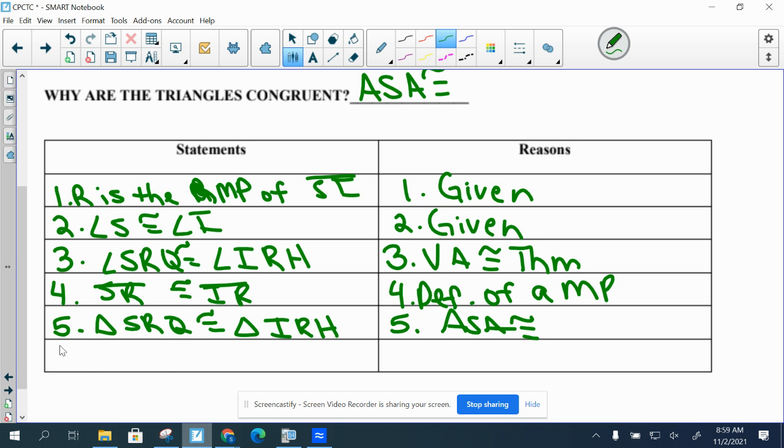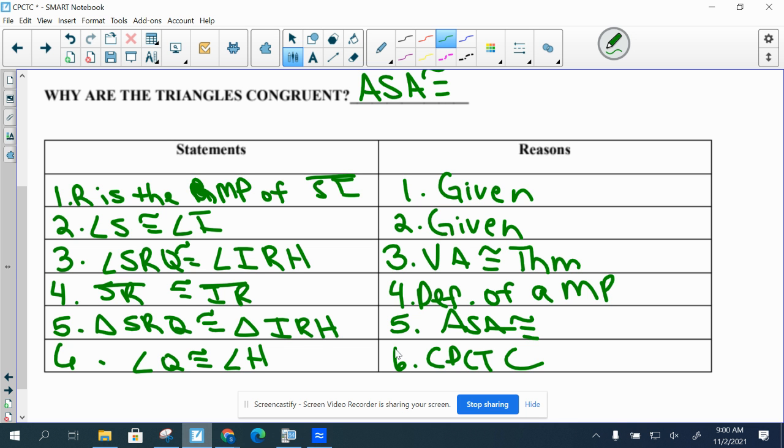Since the triangles are congruent, we can say the corresponding angle Q is congruent to angle H. Now, they did say at the top to show corresponding parts are congruent, so we did use CPCTC, but was there an easier way to show that angle Q is congruent to angle H?